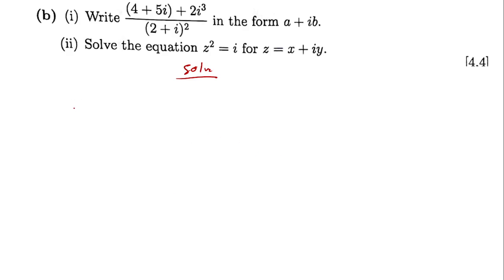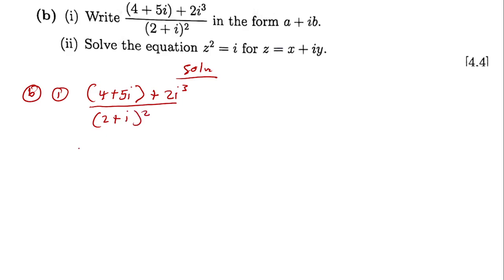Very simple. So B1, you have been given 4 plus 5i, then you have 2i cubed over 2 plus i squared.